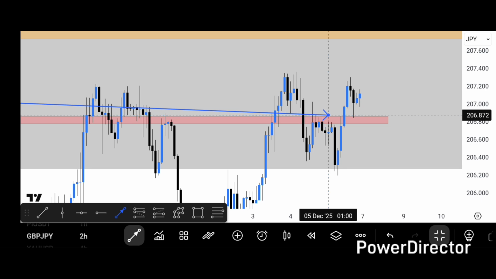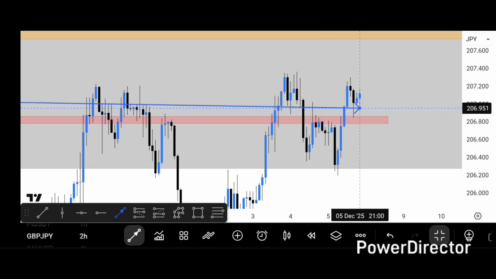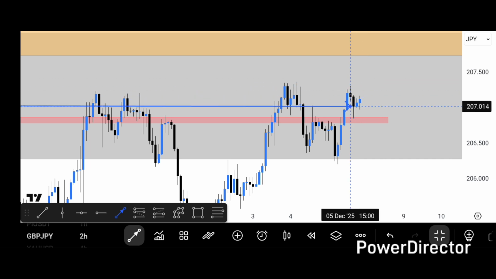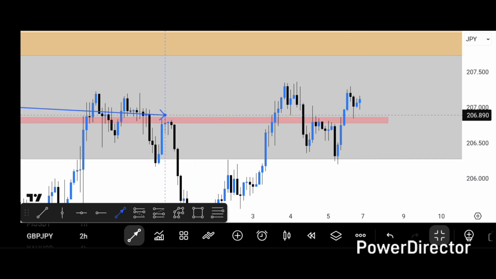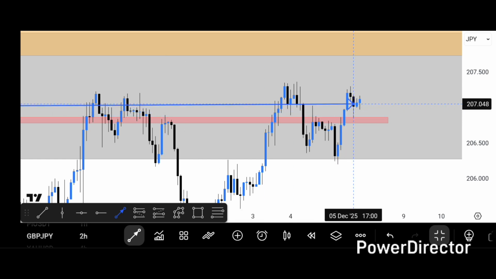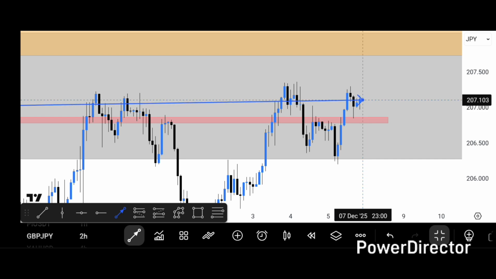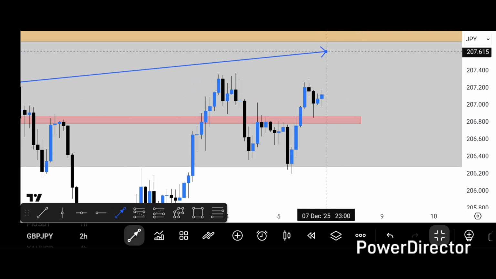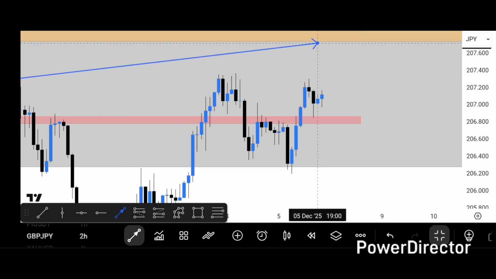So potentially, as soon as market opens, price could just push up without any other thing, because it has already given us that reversal pattern signal, which is a change of structure, which is this. So price rejected off it, and also we pushed up. So like I said, on the open of the market next week, price can just push up to these highs here.